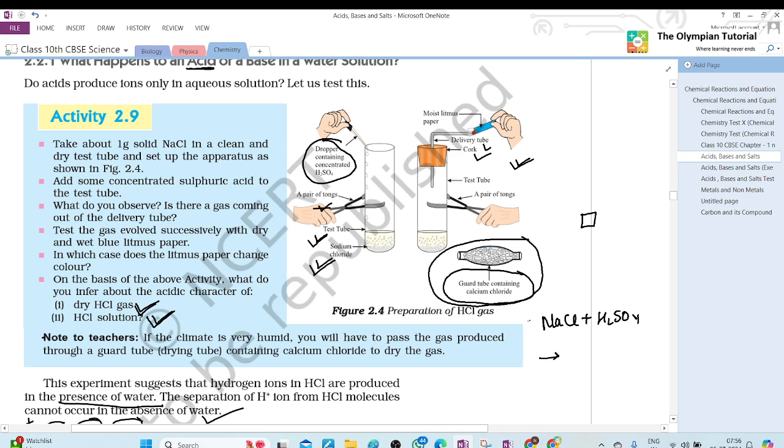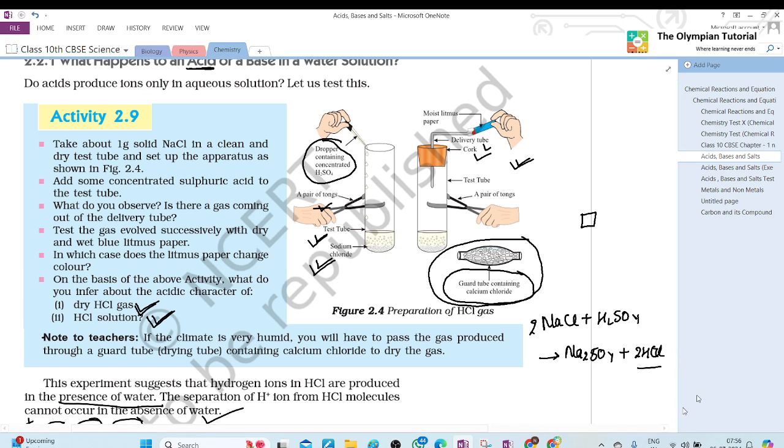Can you let me know about this reaction? What will be formed? Na2SO4 plus 2HCl.